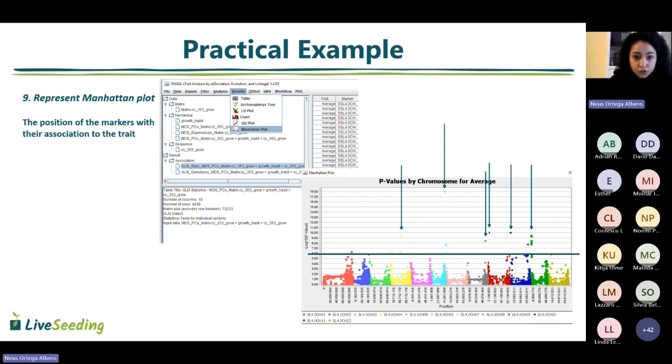You can see the positions in the genome. And if the QTLs go above some level, which would be the blue line, all the QTLs that go over this line would be statistically associated with the trait.